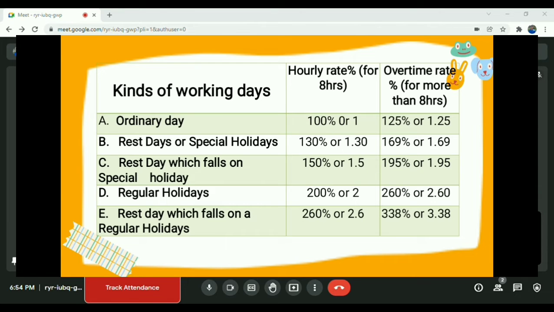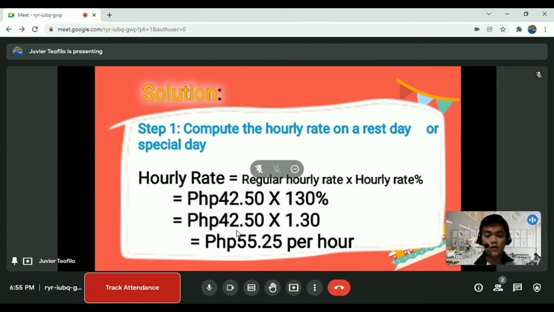So, 42.50 times 1.30 is equal to 55 pesos and 25 centavos per hour. And now, this is our hourly rate in the problem. So let's proceed to step number 2.